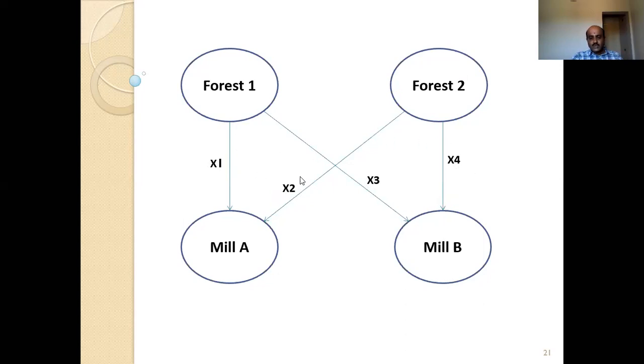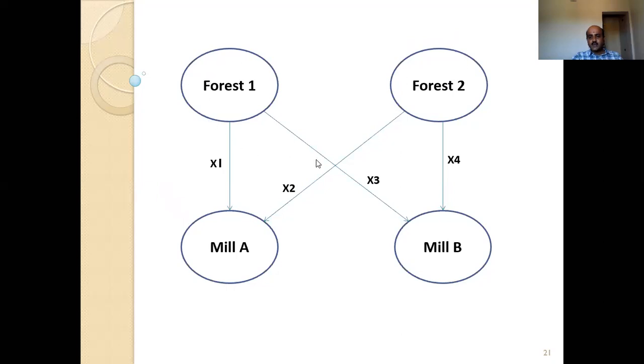So X1, X2, X3 and X4 correspond to the number of logs shipped from each forest to each mill. This diagram gives a clear picture of the design variables.